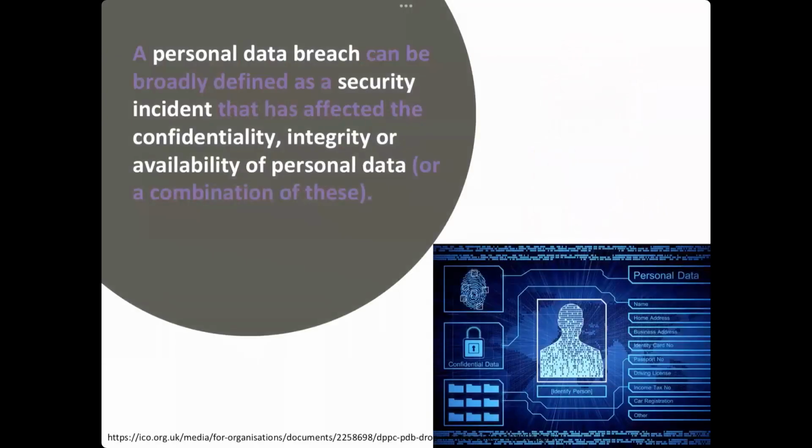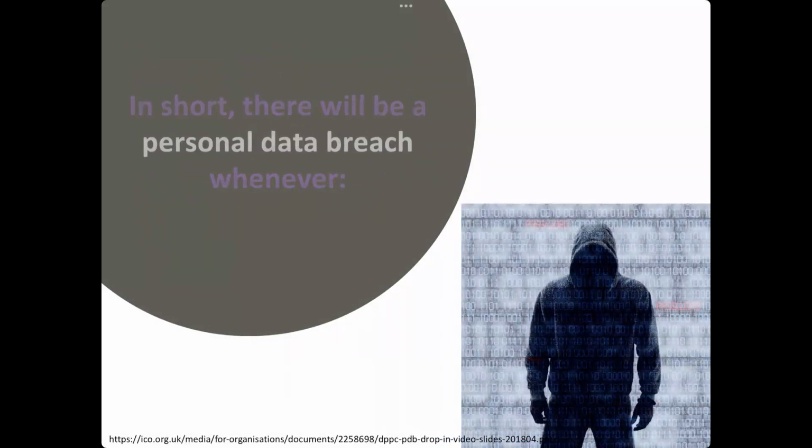Okay, then the next thing is, how do you take care of that? All right, just before that, some graphics. A personal data breach can be broadly defined as a security incident that has affected the confidentiality, integrity, and availability of personal data, or a combination of these. Okay, something has happened that has taken out your data.